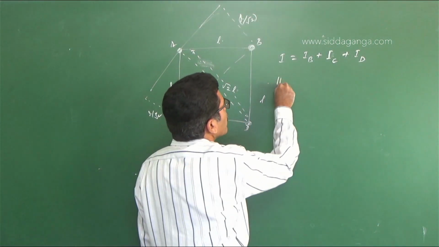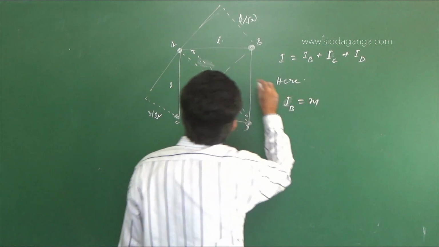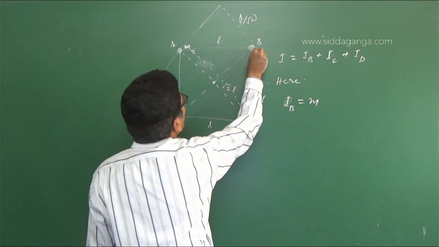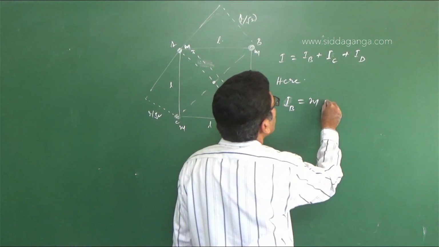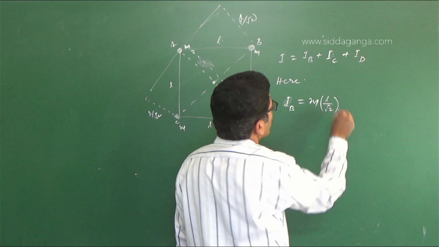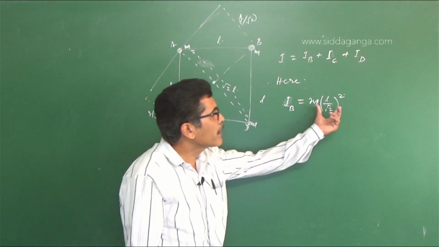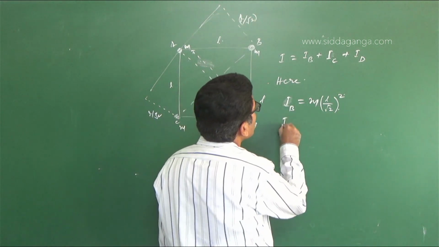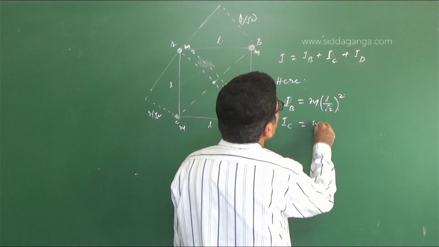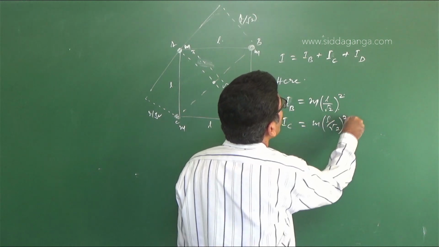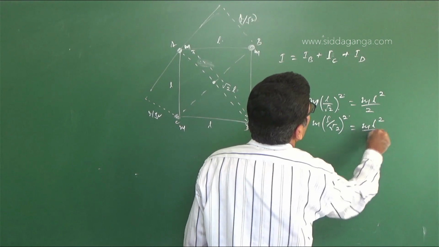Here IB is equal to mass into, each of them having mass m, mass into perpendicular distance L by root 2 whole square. You know that I is equal to mk square. This perpendicular distance is L by root 2, and IC is also m into L by root 2 whole square, and this is ml square by 2.